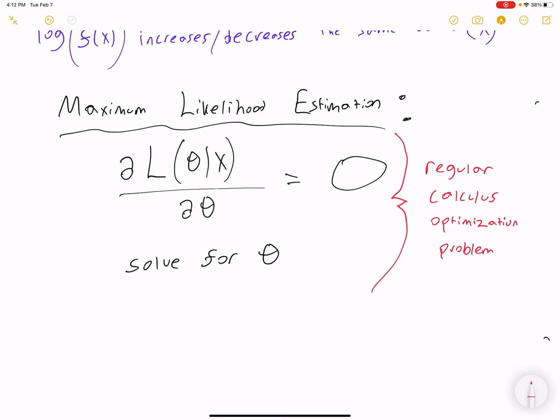So really this is a general paradigm of doing machine learning where you want to find the parameters to your model that maximize the likelihood. So if you model the likelihood and you maximize it using calculus and solve for your variable that you're differentiating with respect to, which is the model parameter, then you get the optimal value for those parameters.